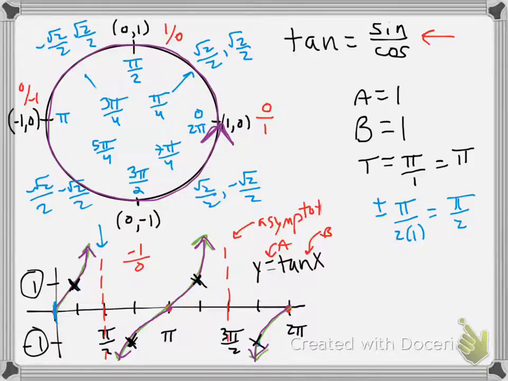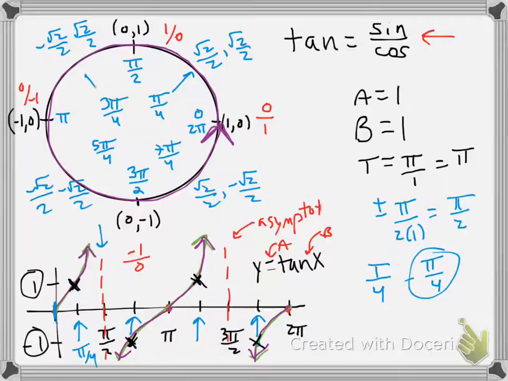And so now, how do I find all these little individual check marks in between? Well, just like what we did with sine and cosine, if you take your period divided by 4, it'll tell you your scale. So my period is pi. Pi divided by 4 is pi over 4. That means each of these marks is going to be pi over 4.